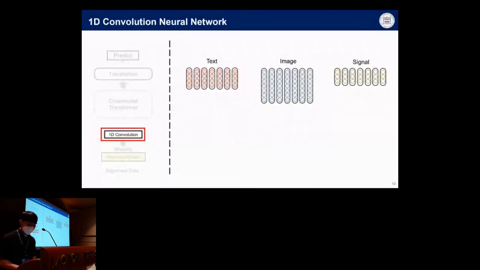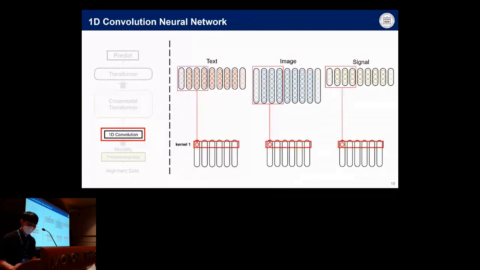For running the transformer, we need to match the dimensions of these modalities. So we decide the dimension of each modality using a 1D convolutional neural network. First, we pad each data to maintain data size when putting it into the 1D CNN, and calculate the 1D CNN for each vector depending on the kernel size.